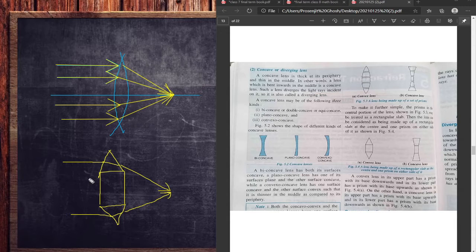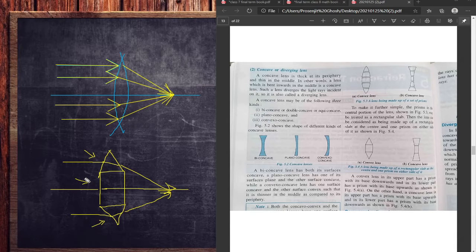But for a parallel glass slab, if light passes normally through it, it will pass directly without any deviation. So this biconvex lens is nothing but a construction of two prisms and one parallel glass slab.